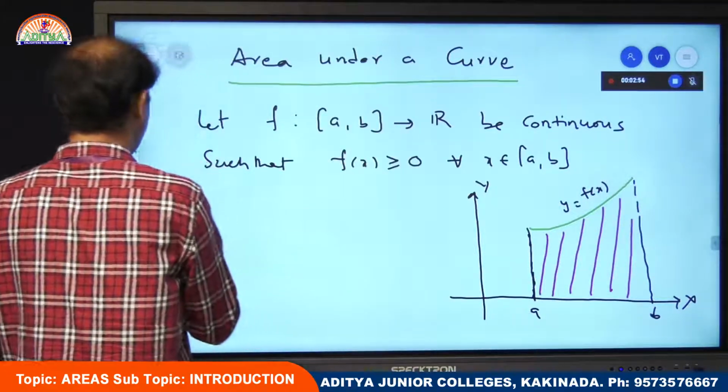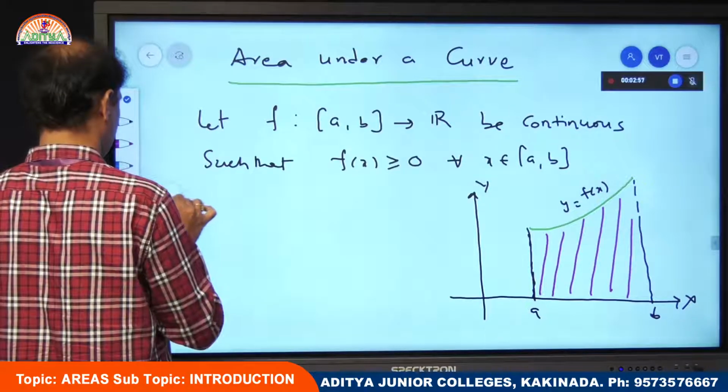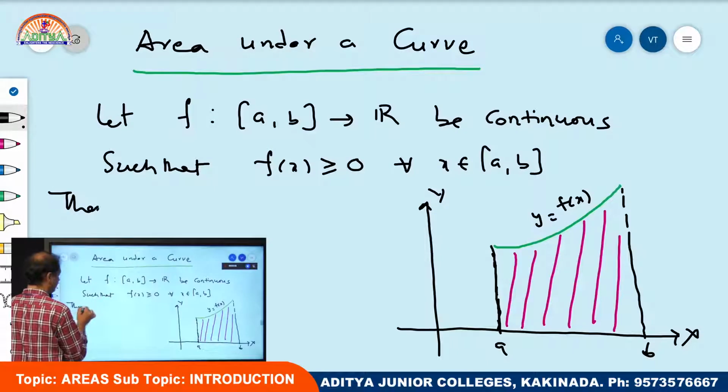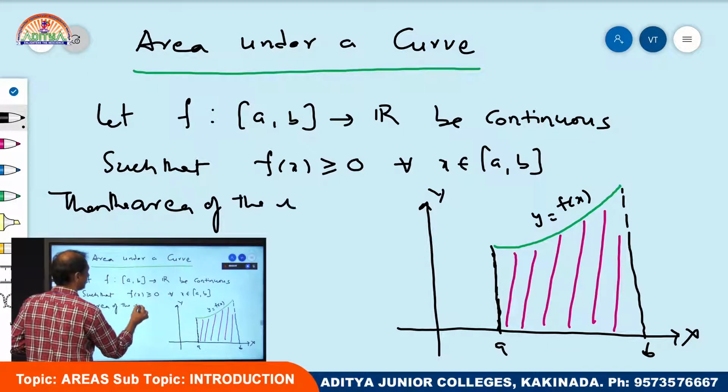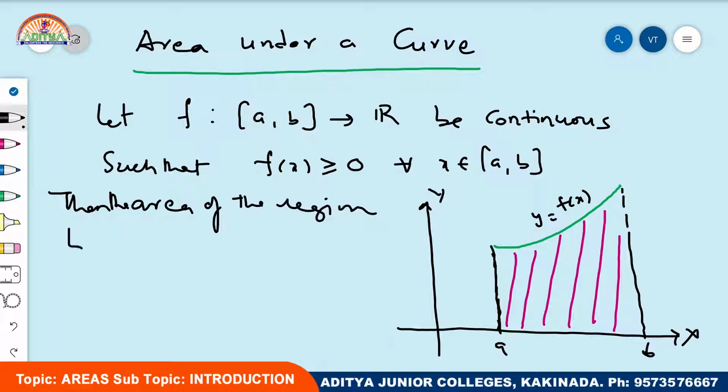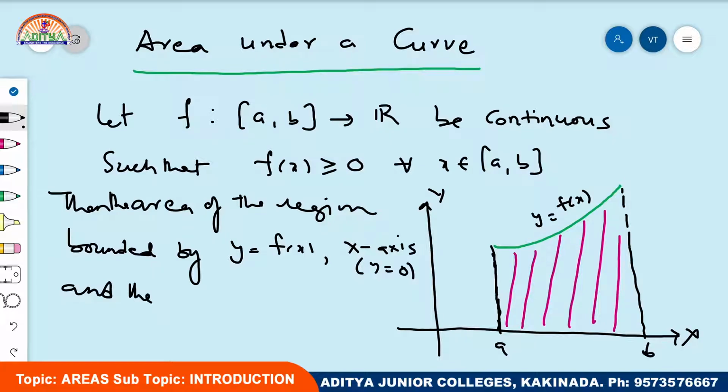Now for that, here I am writing. Then the area of the region bounded by the curve y equal to f of x and the x axis, x axis meaning y equal to 0, and the lines x equal to a, x equal to b is integral a to b f of x dx.